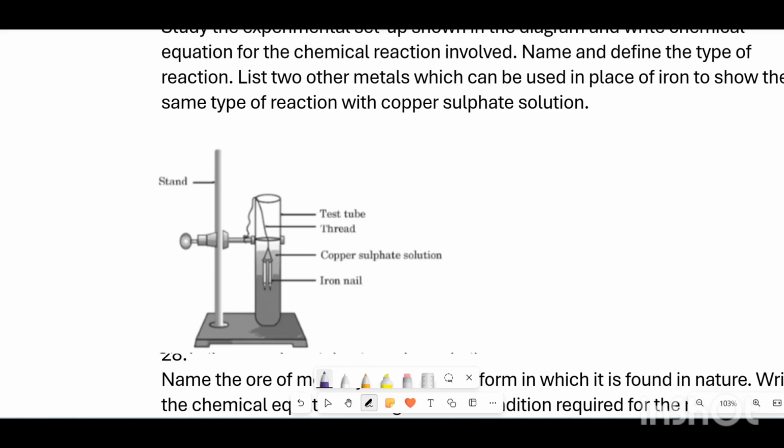That's the iron nail here and a copper sulfate solution. So that is the experimental setup. Now you should write the name and define the type of reaction. So Fe, iron reacts with the copper sulfate solution, CuSO4. So what is the type of reaction? This is a simple displacement reaction. Okay, so that is the answer.